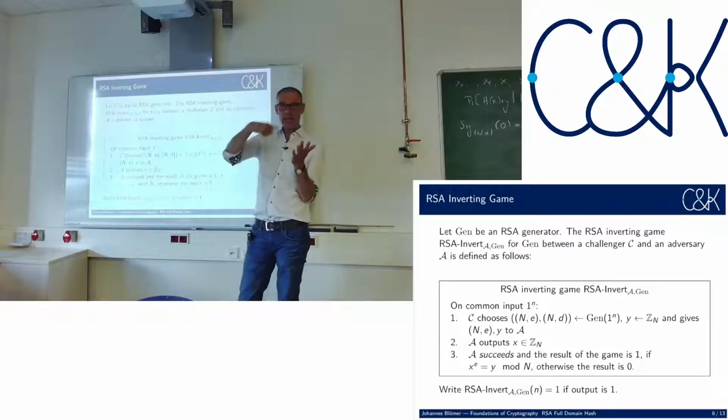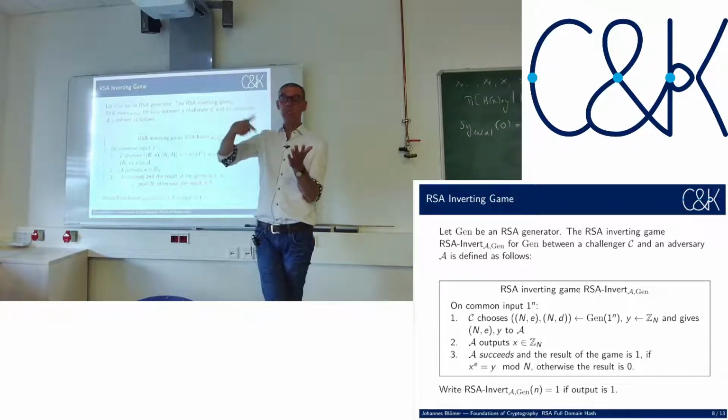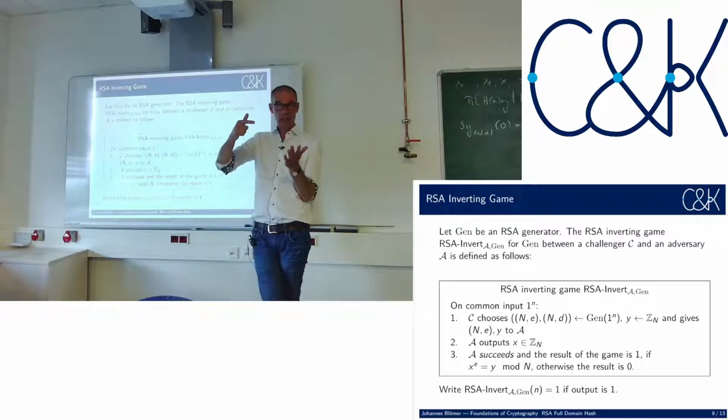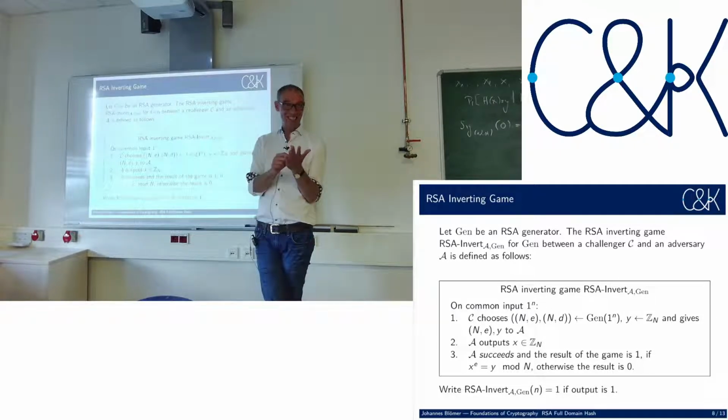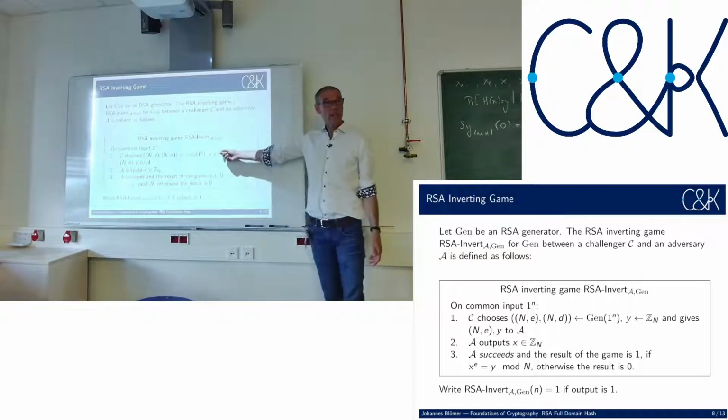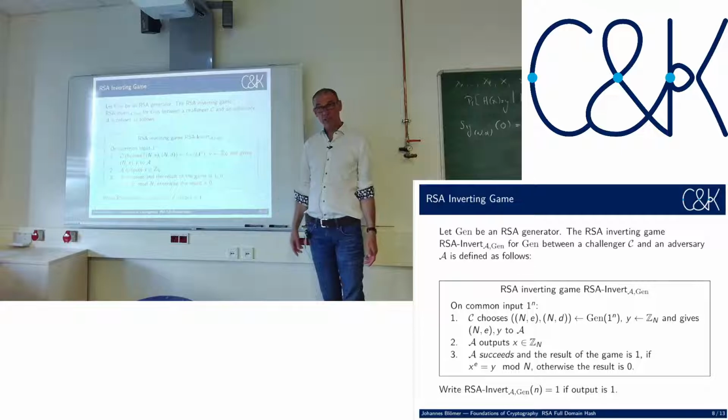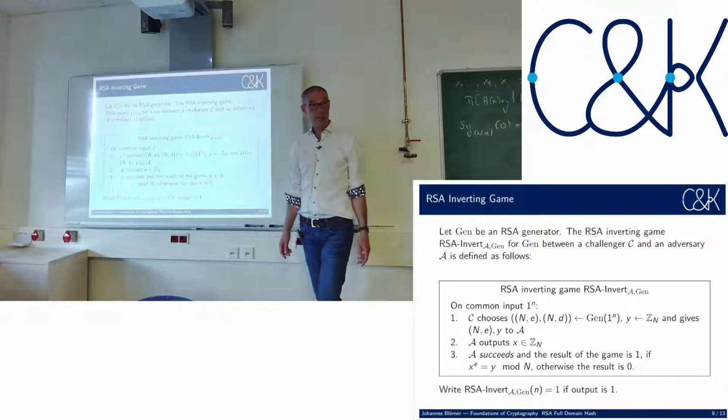And then A had to provide a preimage of y under f. And I said we pick this x and then set y to be f of x because we want to make sure that a preimage exists, and do not ask the adversary to compute a preimage of an element that doesn't have preimages. So here I didn't do that. Right? And the question is, why didn't I do that?